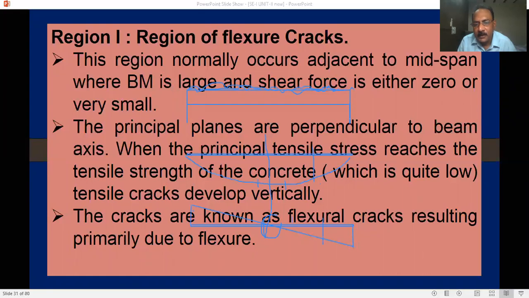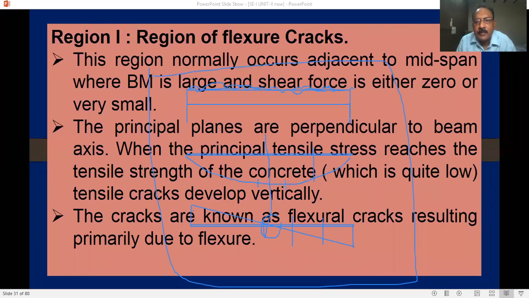This is region 2. In region 3, the bending moment becomes almost zero at the end and the shear force will be maximum. If you understand this concept of the bending moment diagram, you will clearly understand the types of cracks here.